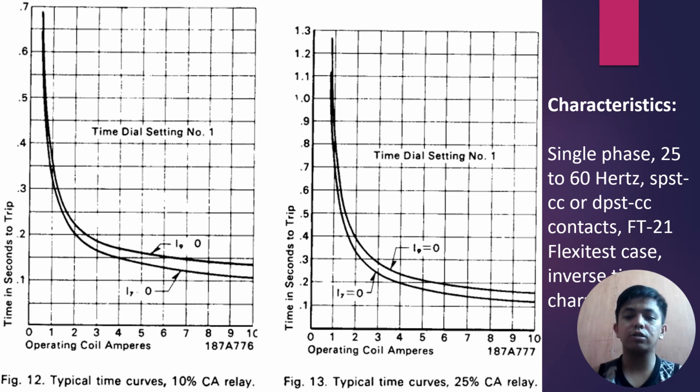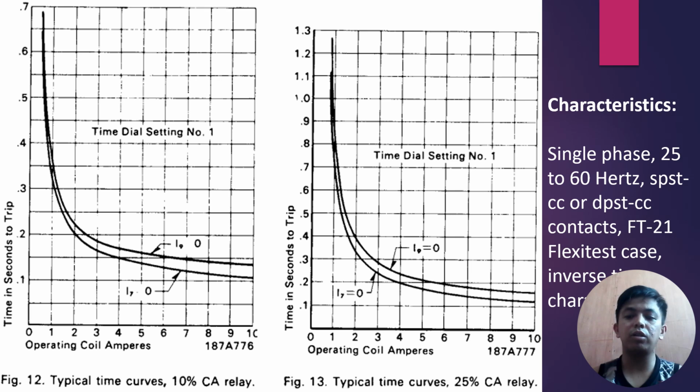It is housed in an FT21 flexitest case and features an inverse time characteristic, meaning the tripping time decreases as the fault current increases.